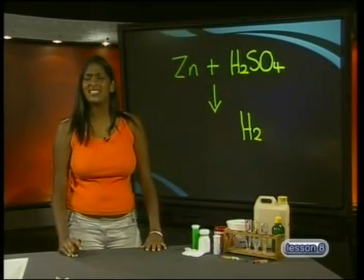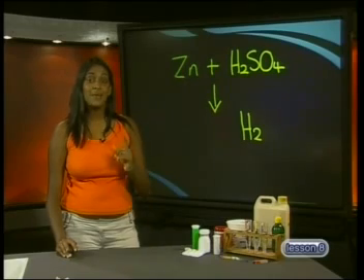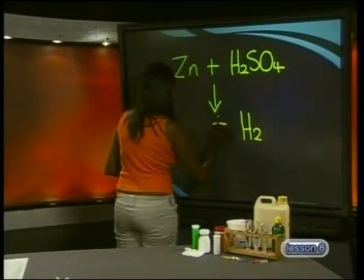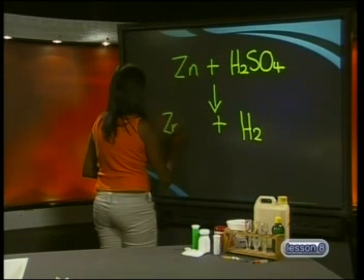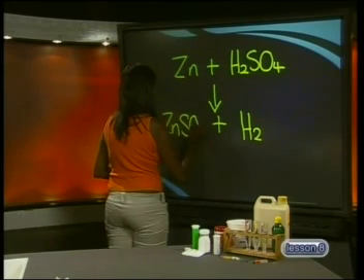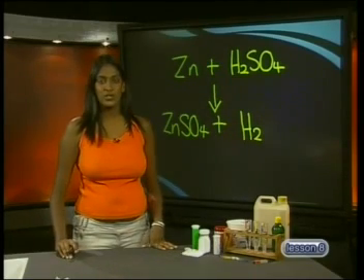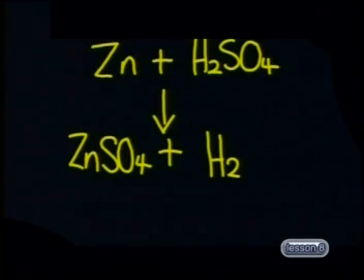So, what is the other product? It must be the salt, zinc sulfate, with the formula ZnSO4. This gives us the equation. Zn plus H2SO4 react to form ZnSO4 plus H2.